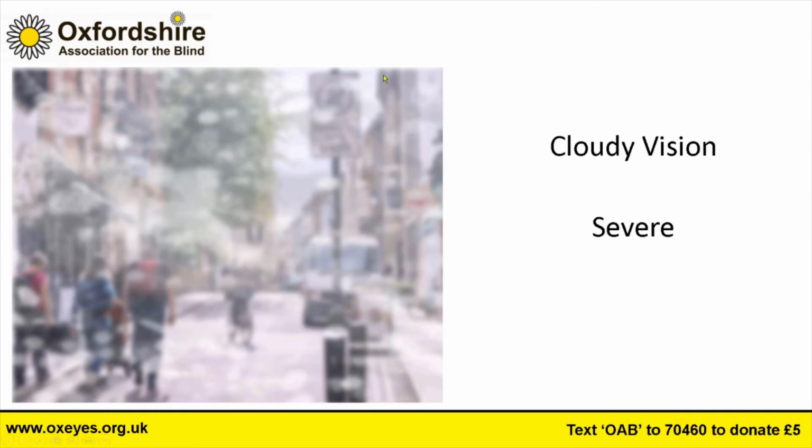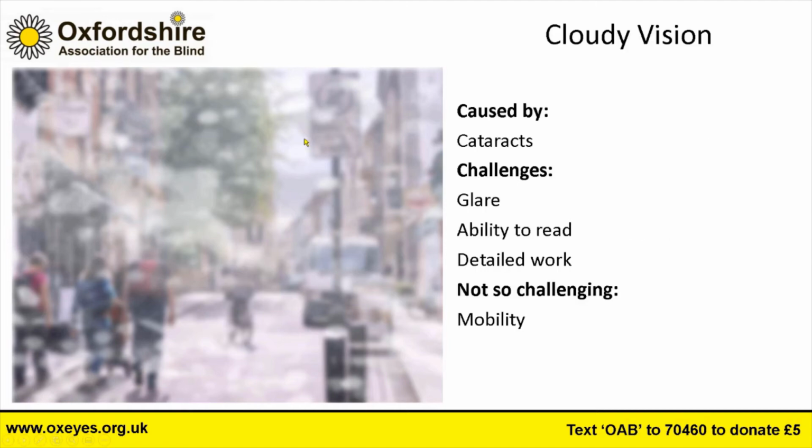So if you can see on the sign up here on the road is obviously unreadable. You can see it's there, but you just can't see what it is. You can't see the detail. You can kind of work out that people are around, but again, you wouldn't be able to tell necessarily who they are. And the cause of this, the biggest cause of this is cataracts. So very common.